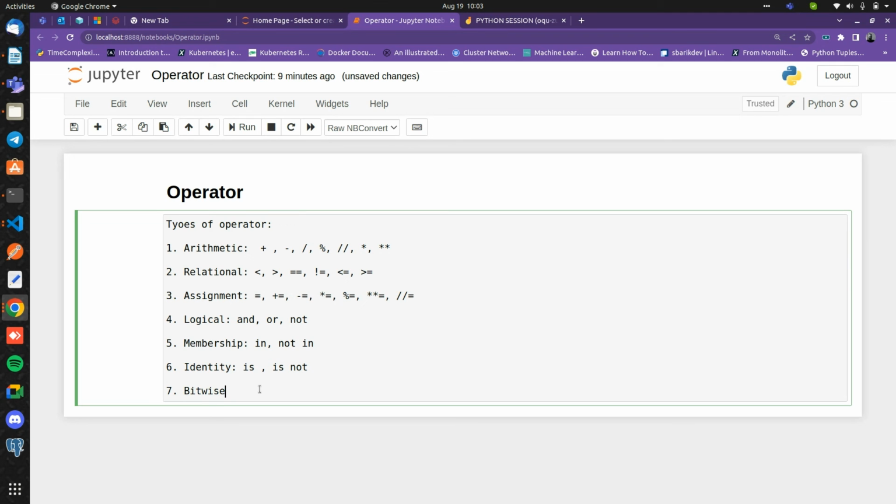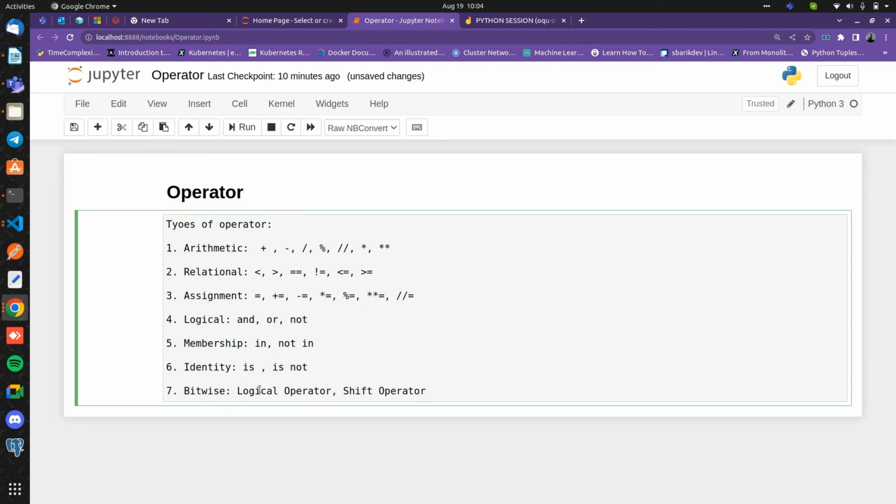And bitwise operators: there are bitwise logical operators and bitwise shift operators.